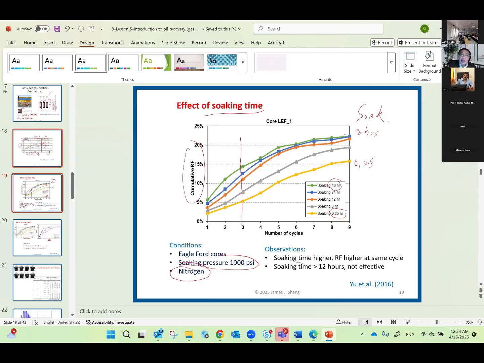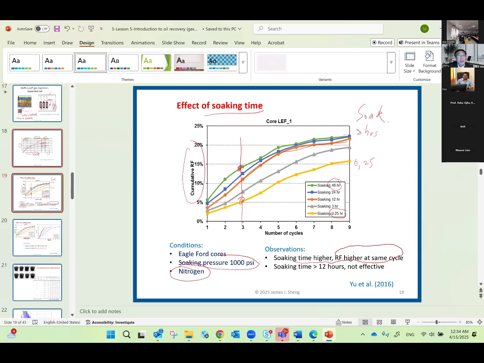When soaking time is longer, recovery factor is higher. This one is much higher than 0.25 soaking hours. But later on, if the soaking time is greater than 12 hours, then longer soaking time does not significantly increase oil production anymore.